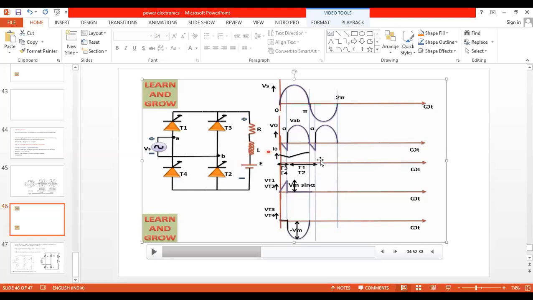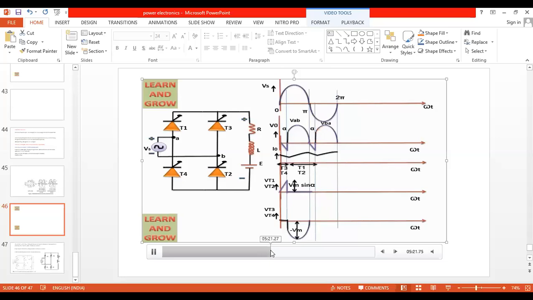This particular zone is called the reverse swing of the voltage. No SCR will conduct from pi to pi plus alpha. Again, the next SCRs will start from pi plus alpha, which we are assuming as beta.